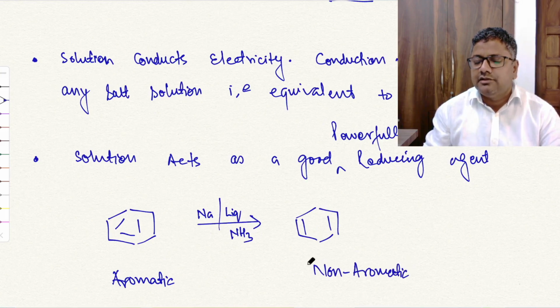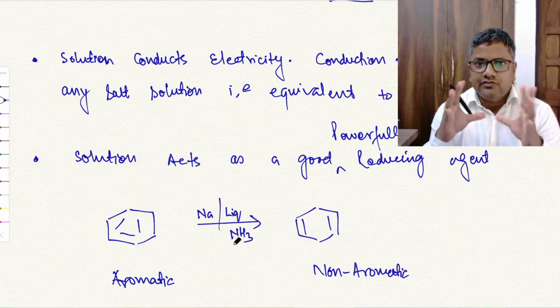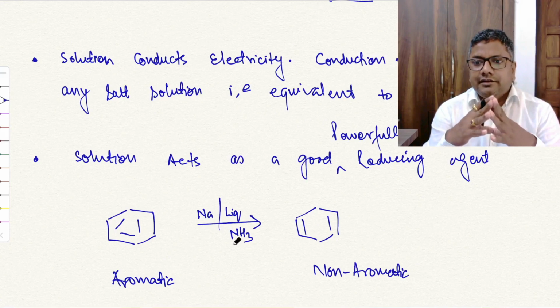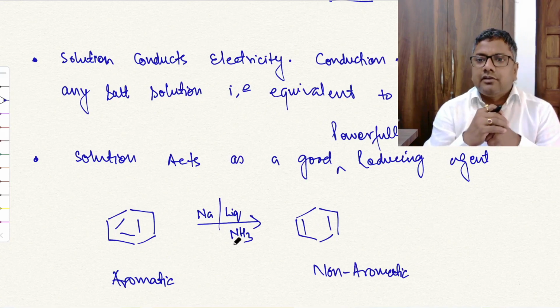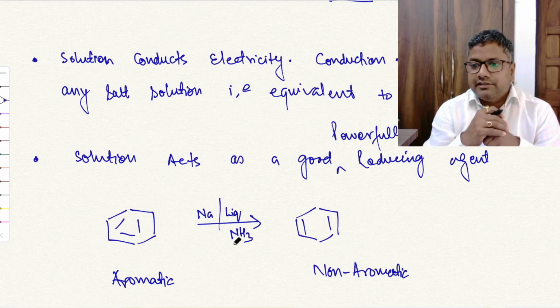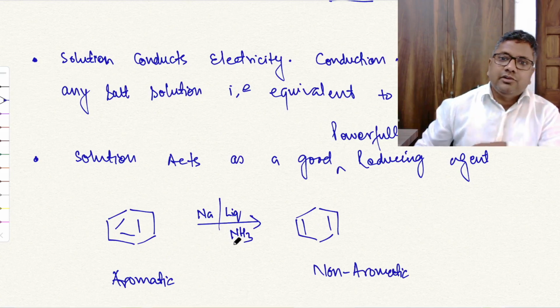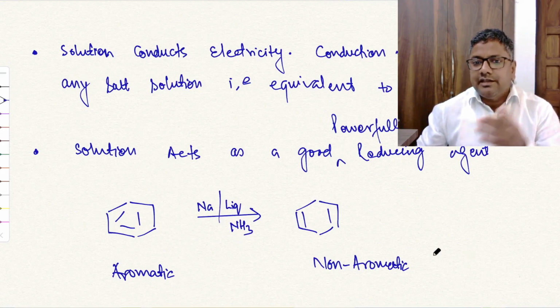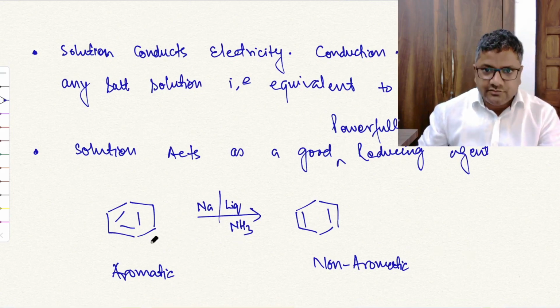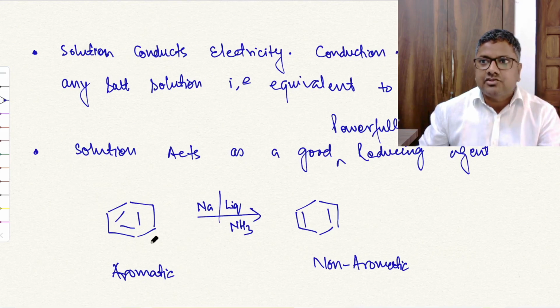So the solution of metal in liquid ammonia is a very powerful reducing agent that can reduce even aromatic systems to non-aromatic systems, as all of you know aromatic systems are very resistant to reduction.